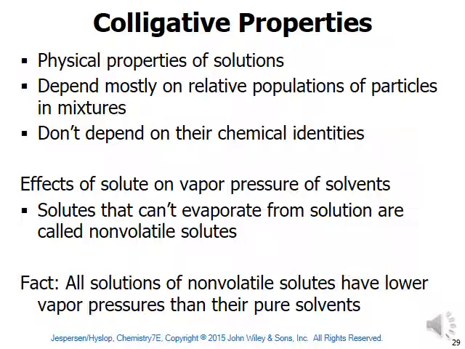Okay, the next thing to go to is applying temperature independent properties. One of those is called colligative properties. They're physical properties of solutions. They depend on the relative number of particles, and don't depend a whole lot on the chemical that's in it.